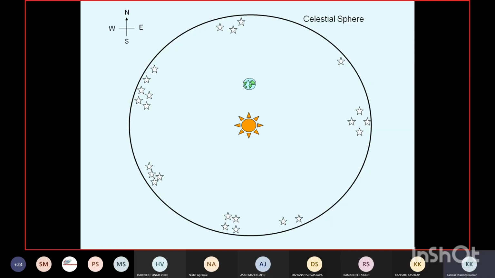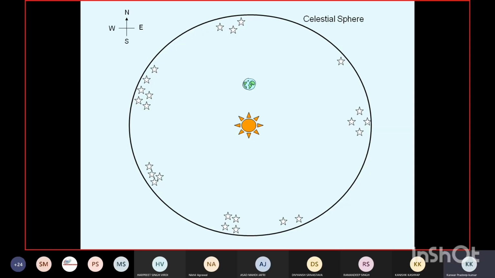We are interested in the direction and the altitude. In which direction it lies and what is the altitude from the horizon. So I paste whatever I can see in the sky onto a far off surface called the celestial sphere, which is of infinite radius.